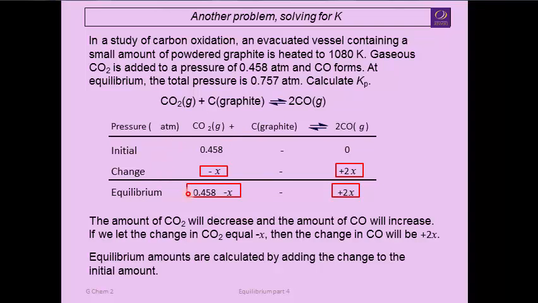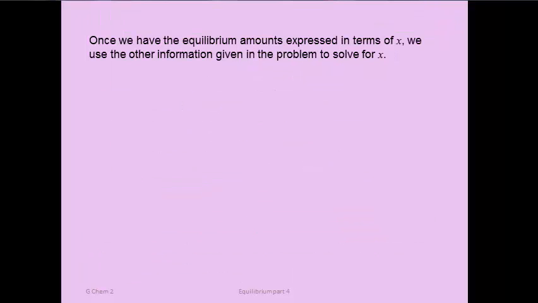And so at equilibrium, you would describe the new concentration as 0.458 minus x, and this one is 2x. Once we have that solved, we can just use the information from the reaction table and plug in things we know. And that is the total pressure at equilibrium is 0.757 atmospheres.